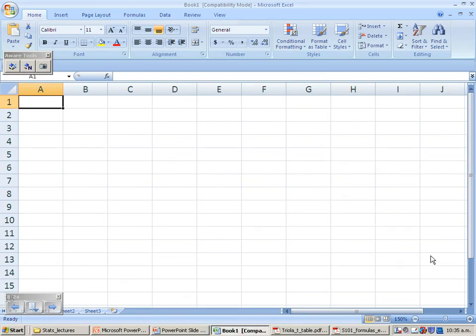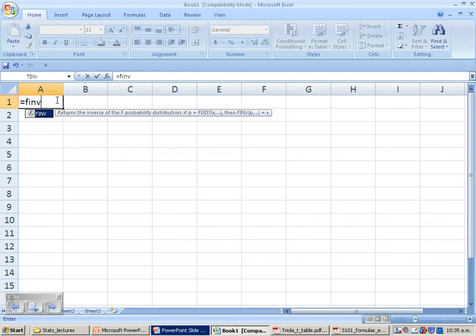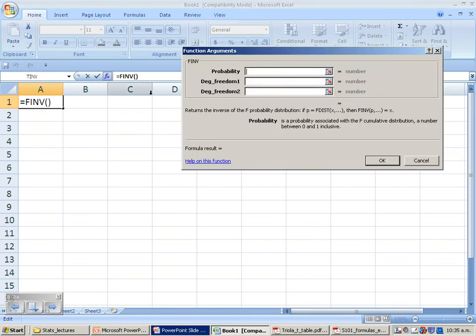So over in Excel, we're going to use the critical value function for F, which is the FINV function. It needs the probability, that is the value of alpha, which is 0.005. It requires degrees of freedom 1, the numerator degrees of freedom, which in this case was 49.